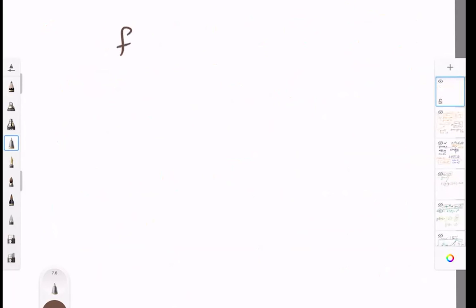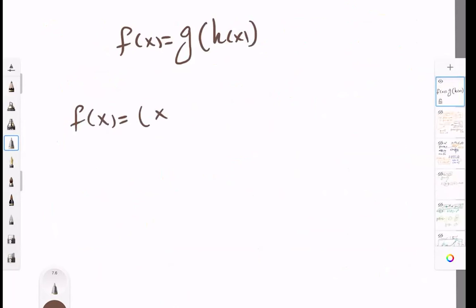So f of x equal to g of h of x. F of x equal to x plus 3 squared. What do you think h of x will be? What is g of x?